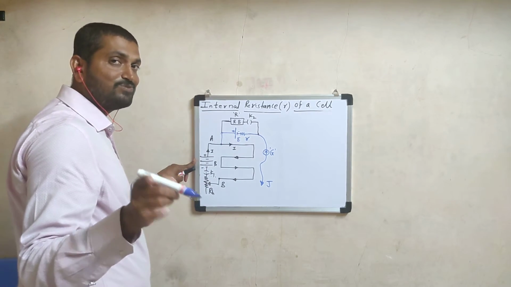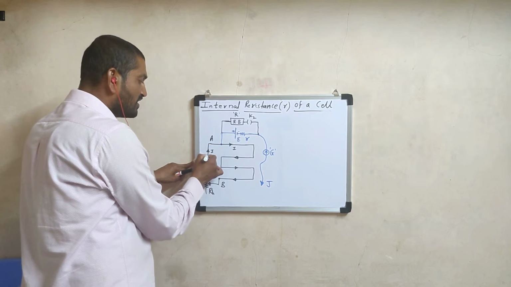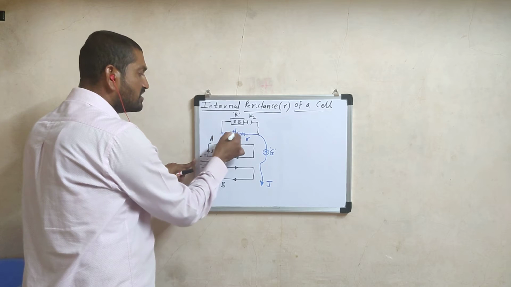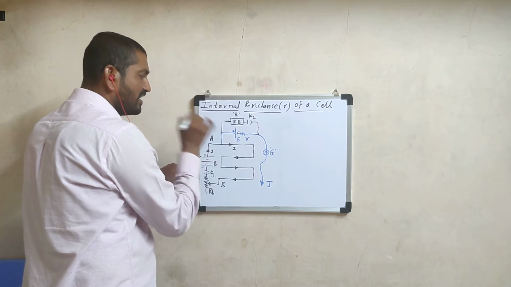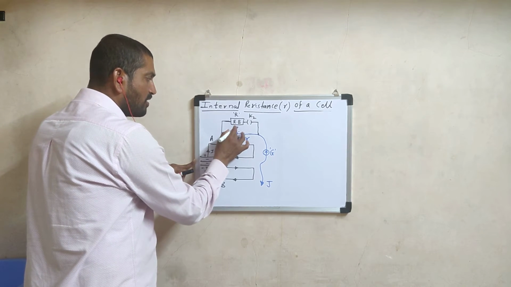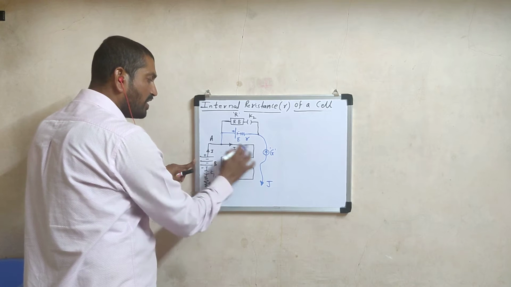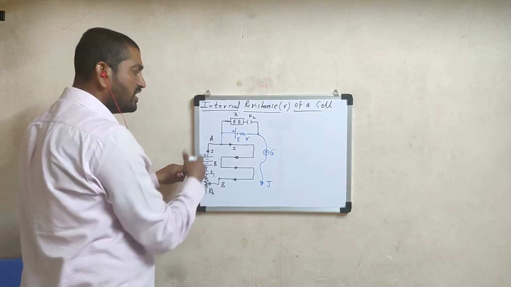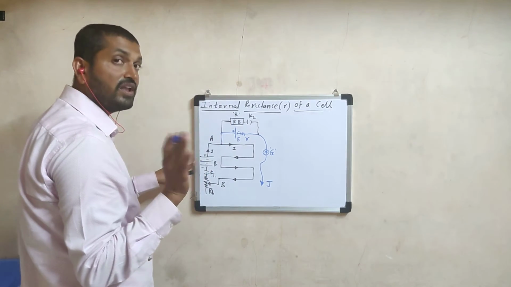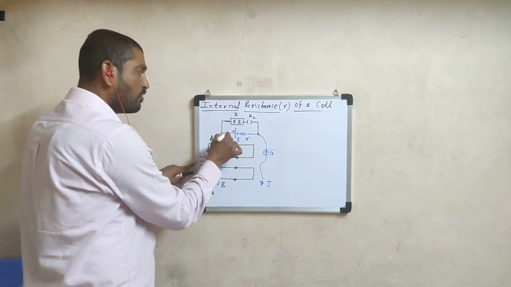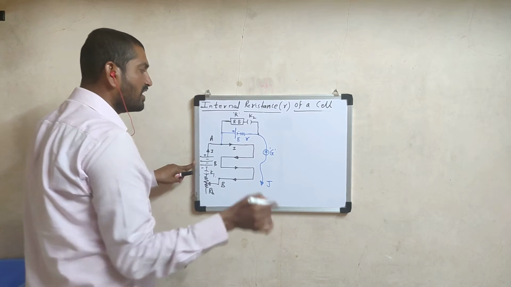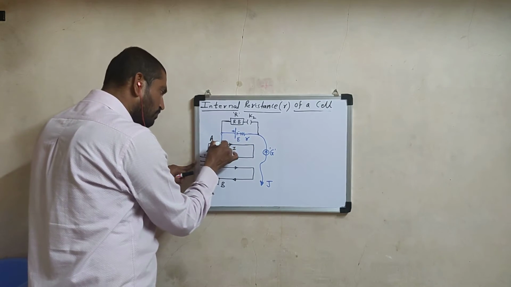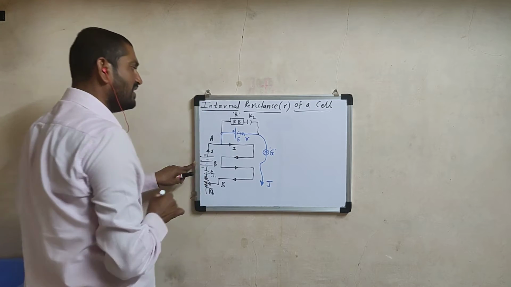In all the experiments which we discussed, this is an important precaution, so that the balance point should be obtained over the entire length. If we connect in another way, then it is not possible to get a balance point on the entire length. That's why this important precaution must be followed while performing experiments: the positive terminal of the given cell must be connected to that point to which the positive of the main battery is connected.